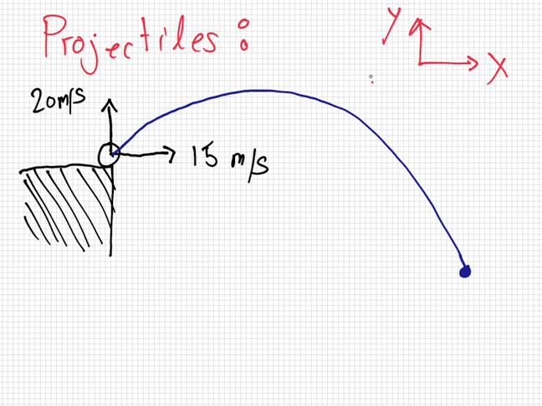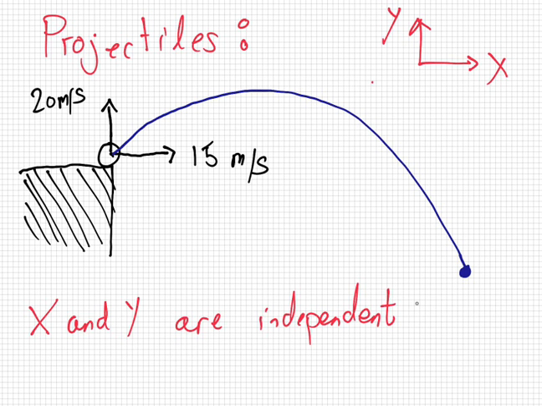And this is the important thing. X and Y are independent. You can resolve it and you can unresolve it, but what I mean by saying X and Y are independent is that the 15 does not affect the 20 and the 20 does not affect the 15.